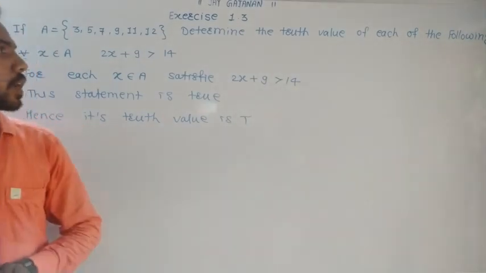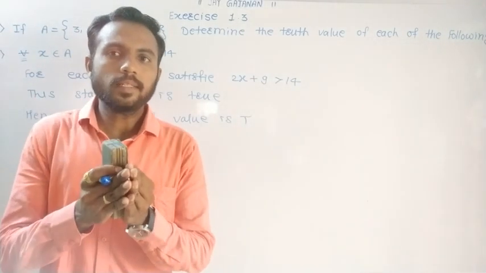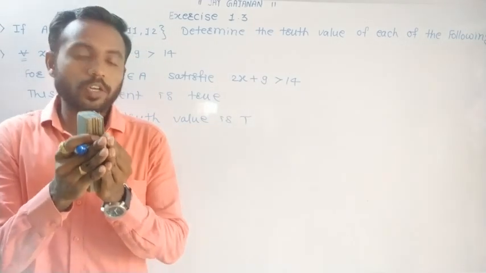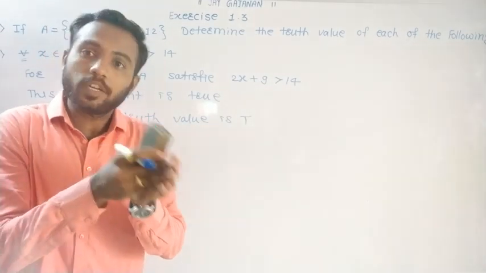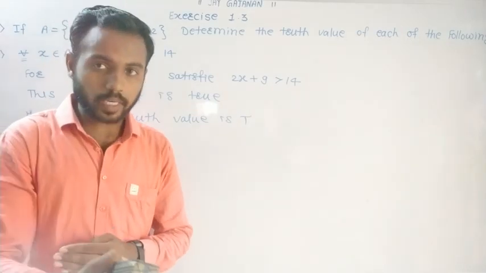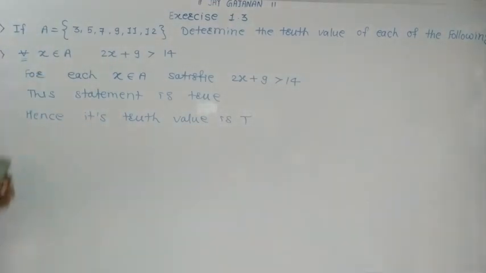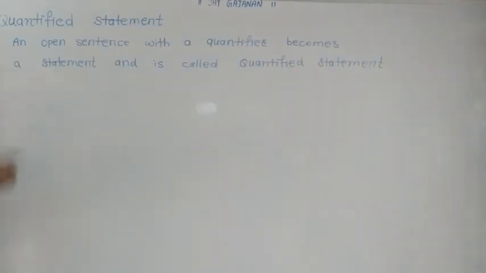We miss the quantified concept. A quantified statement is nothing but a quantifier sentence or open sentence which is converted into a statement by using a symbol. So now see the definition of a quantified statement.